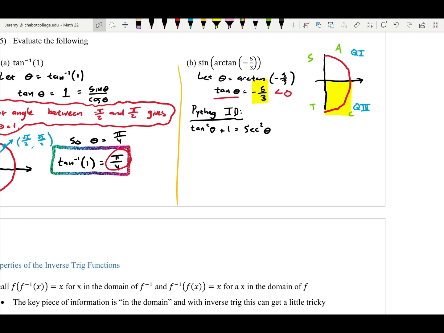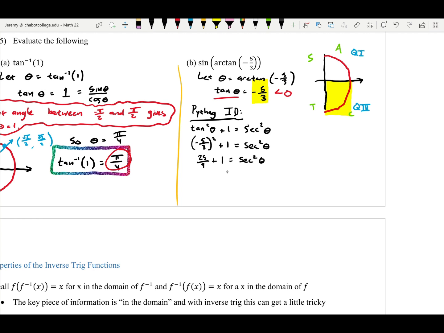Or you could just memorize this. Okay, so I know that tangent is equal to negative 5/3, so let me make that substitution. In here we're going to have negative 5/3 squared plus 1 should be equal to secant squared theta. When I square this, I get 25 over 9, positive, because I squared the negative.